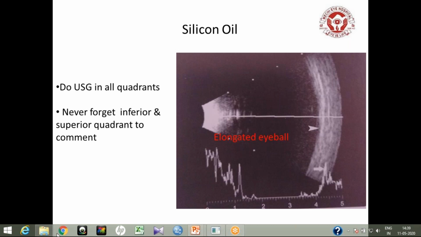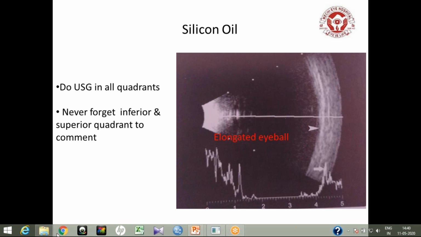Okay. Thank you. In case of silicone oil, the velocity of sound in silicone oil is less than that in the aqueous. So sound travels slowly and it appears elongated.